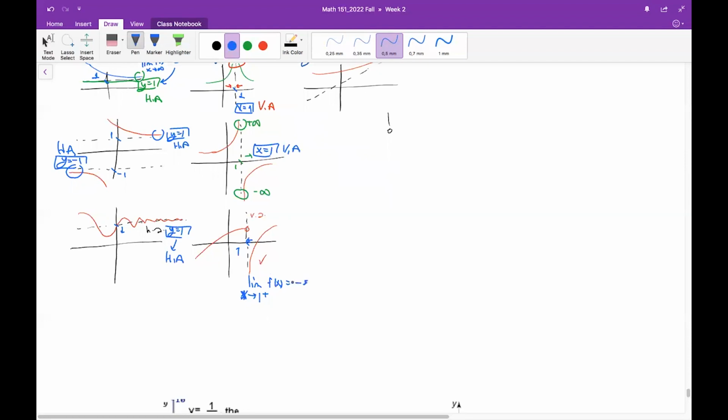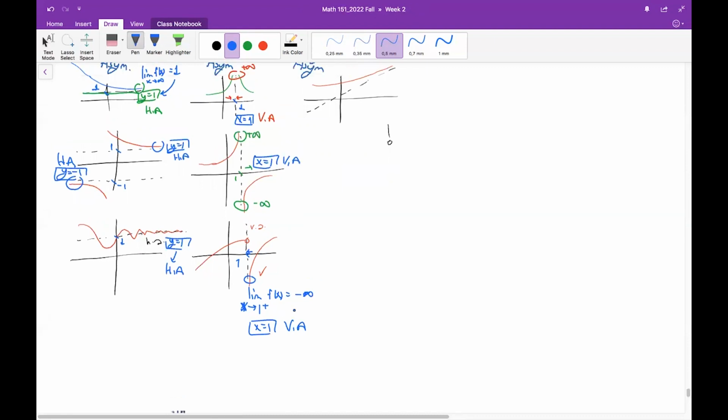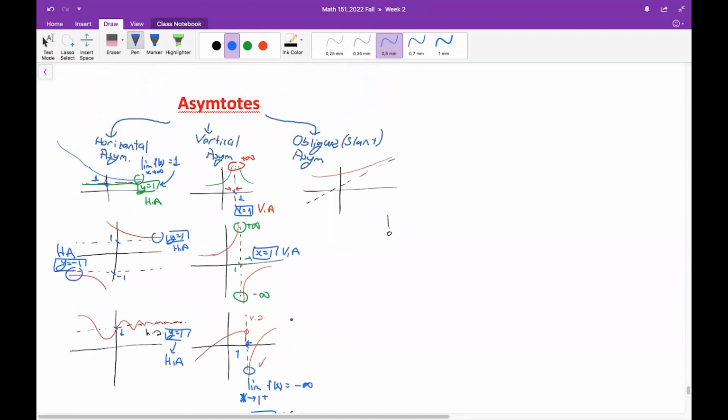Minus infinity, according to this picture. Only on one side, if you have plus or minus infinity, you still conclude that x equals 1 is a vertical asymptote. You don't need to have infinities on the other side too. On one side, minus infinity is enough to say that the vertical line is a vertical asymptote.